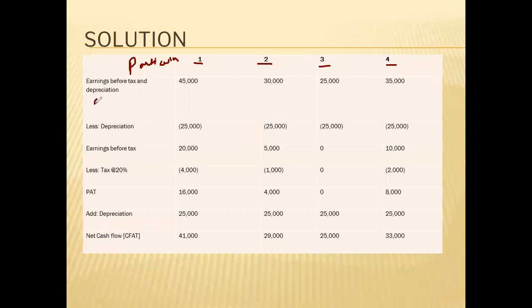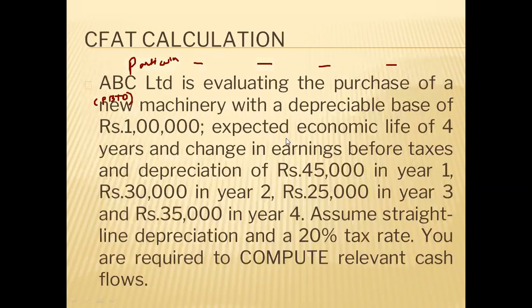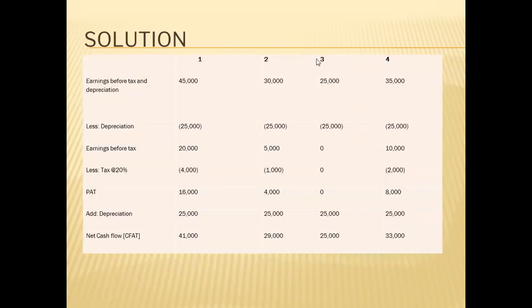So what will we take as the base? Profit before tax and depreciation, which is given in the question. See, 45,000, 30,000, 25,000, and 35,000 for each of the 4 years.